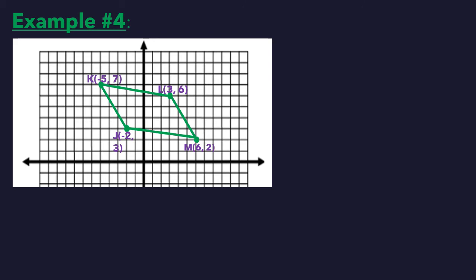So we want to verify that this shape is a parallelogram, and I could do lots of different things. I think what I'm going to do is find the slope of the left side and the slope of the right side, and show that those two slopes are the same.